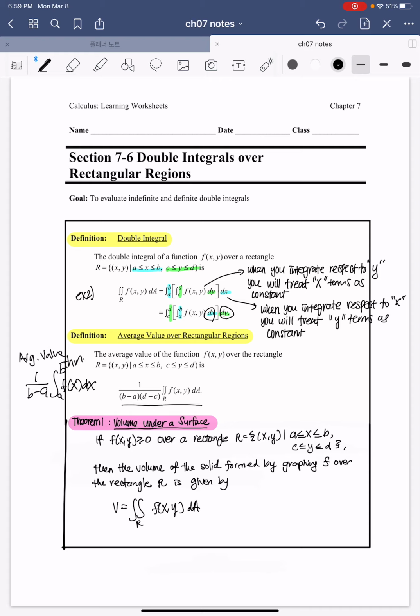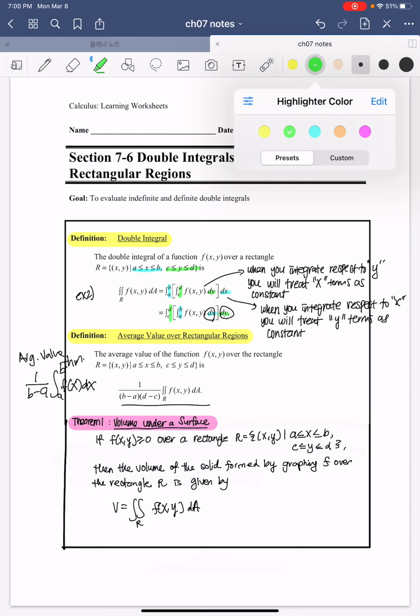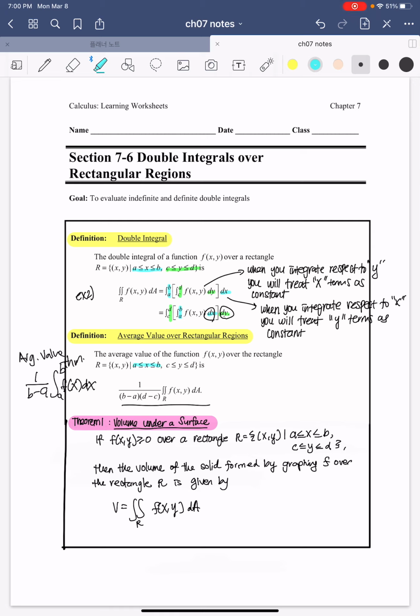So it looks like a very similar concept. You have 1 over b minus a times d minus c. Again, these are coming from your x and y terms. So x are your a and b, and then the y's are your c and d.